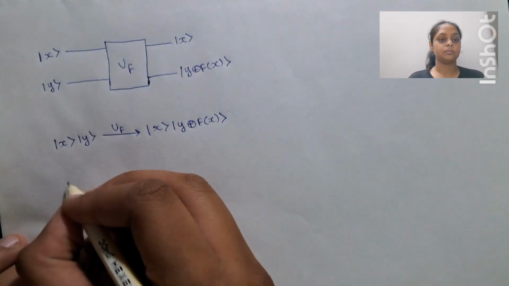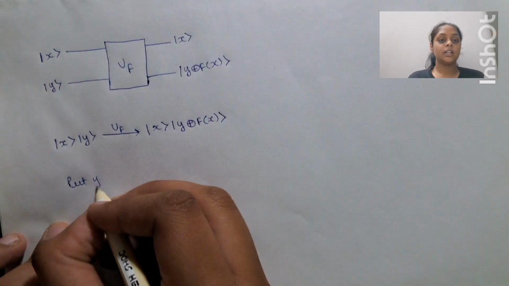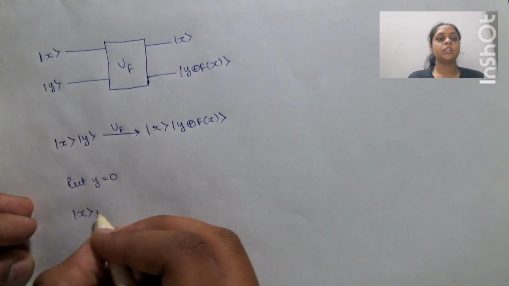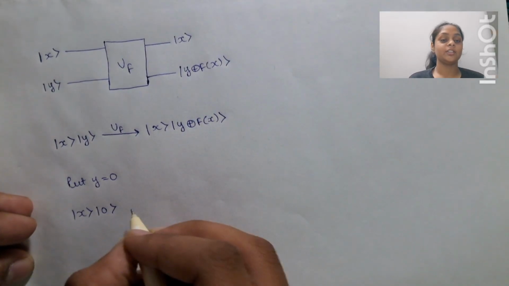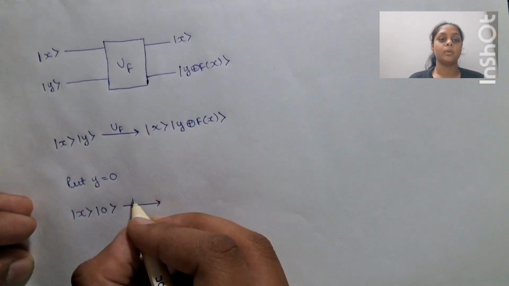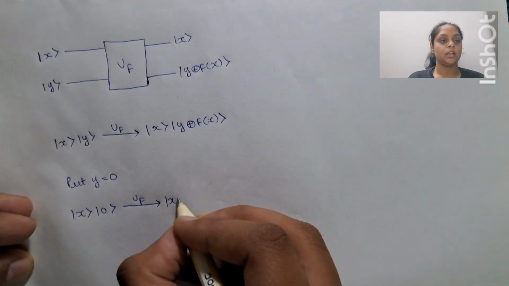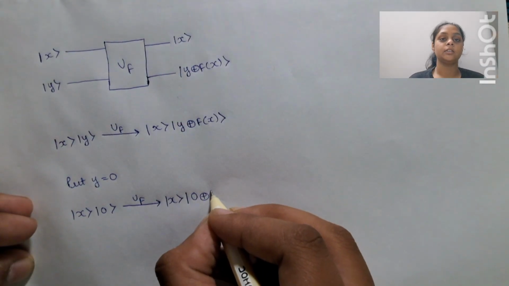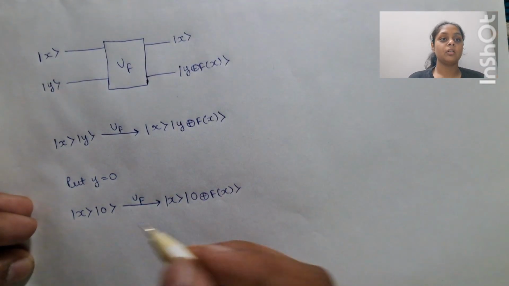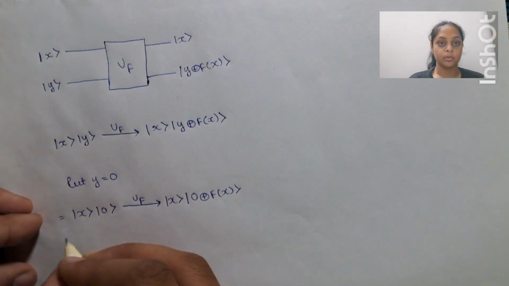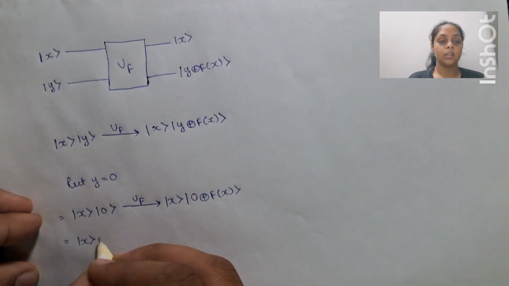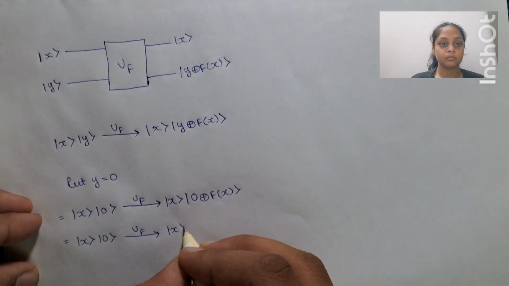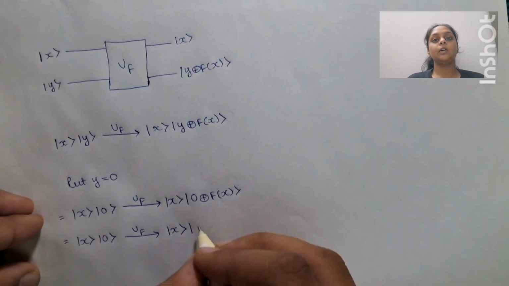Now if we put y equal to 0 in the above equation, we can write it as |x>|0>. When it is operated in the oracle it gives |x> and |0 XOR f(x)>, that is |f(x)>, which further gives |x>|0> becoming |x>|f(x)>.